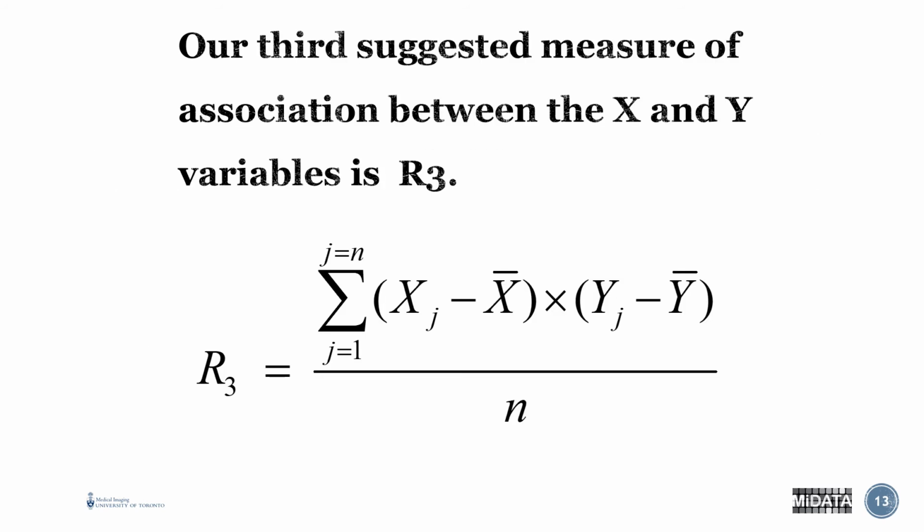All right, so hang on, we're almost there. So here, our third suggestion, we're going to call it R3, for the measure of association between X and Y is going to be the sum of the difference of X from its mean times the difference of Y from its mean, divided by the total.